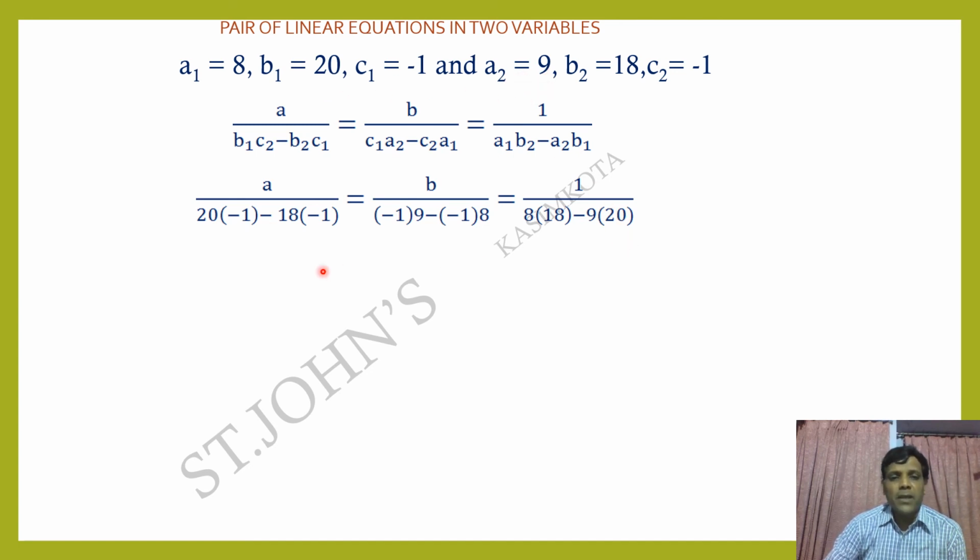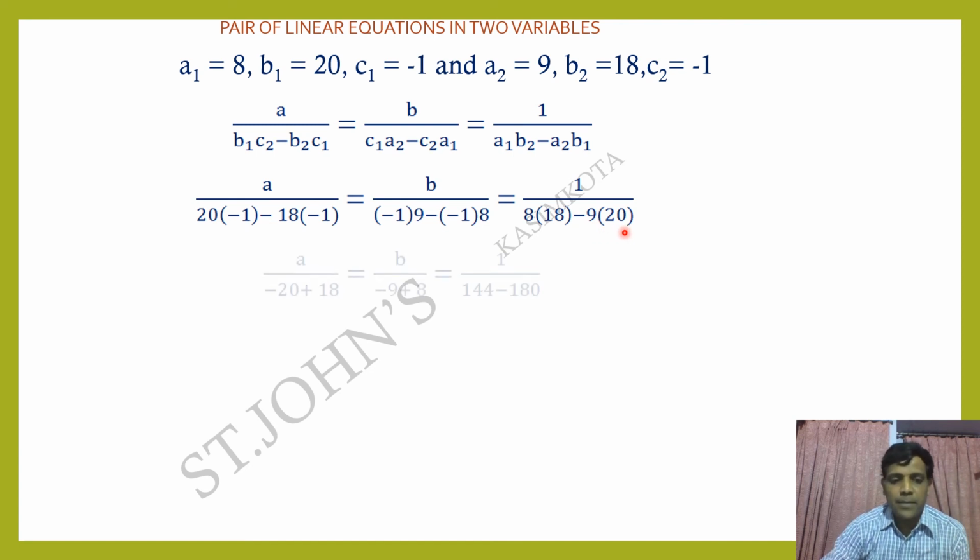Are you clear? Now the next step. a by 20 into -1 is -20, minus 18 into -1, minus into minus is plus, so -20 plus 18, equals b by -1 into 9 is -9, minus -1 into 8, minus into minus plus, -9 plus 8, equals 1 by 18 into 8 is 144 minus 9 into 20 is 180.